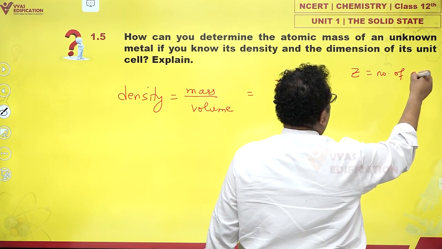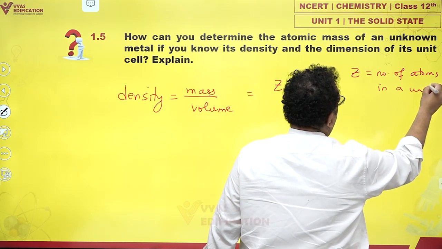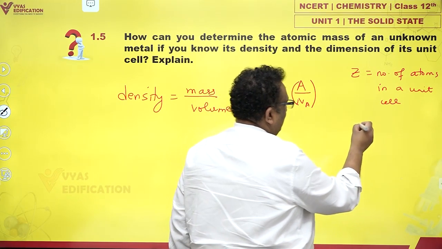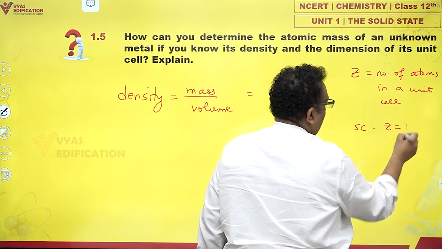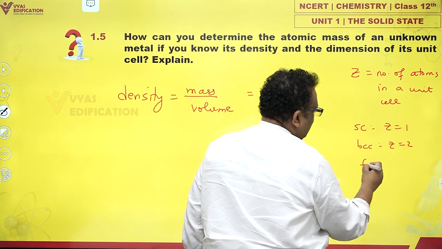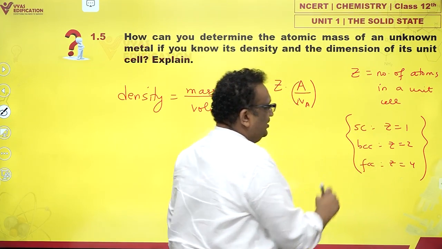So this is the mass of a single atom, and Z is the number of atoms in a unit cell. For example, in simple cubic structure, Z is equal to 1. In BCC, Z is equal to 2. In FCC, Z is equal to 4. So there are different cases, right?